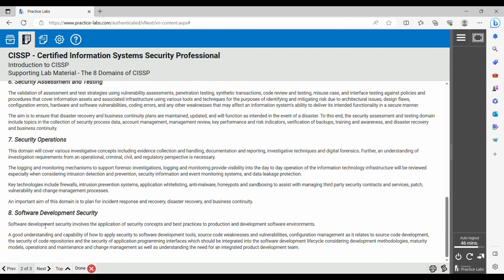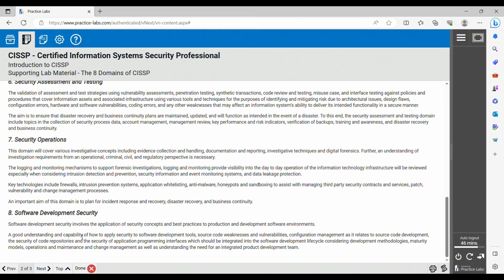Number 8. Software development security. Software development security involves the application of security concepts and best practices to production and development software environments.